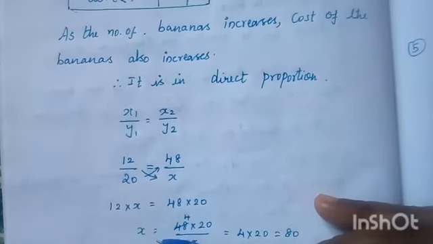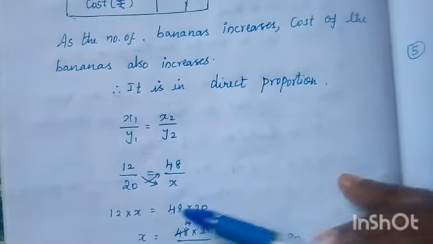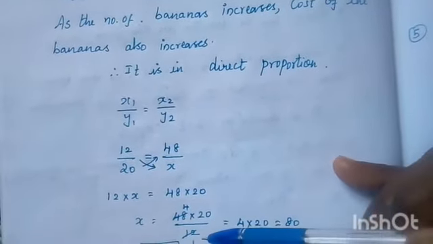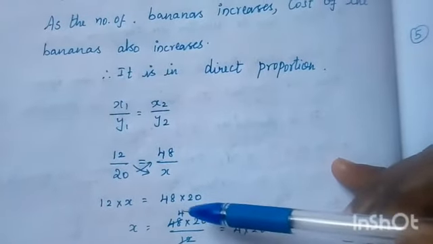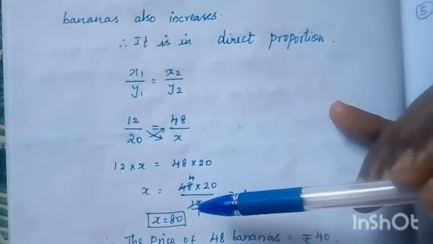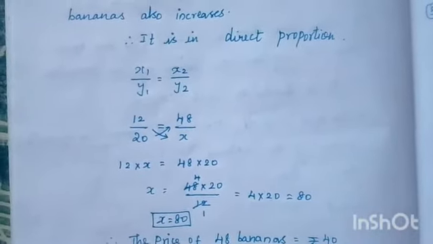We want to find the X value, so X is equal to 48 into 20 by 12. Cancel: 1 twelve is 12, 4 twelves are 48. So 4 into 20 equal to 80. So X is equal to 80. The price of 48 bananas is rupees 80.